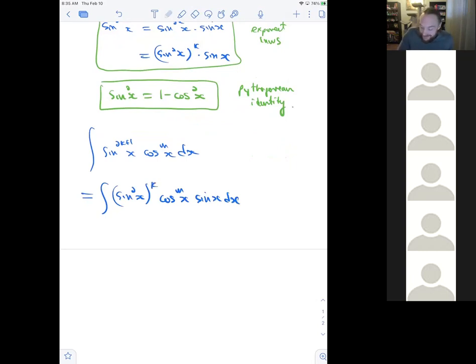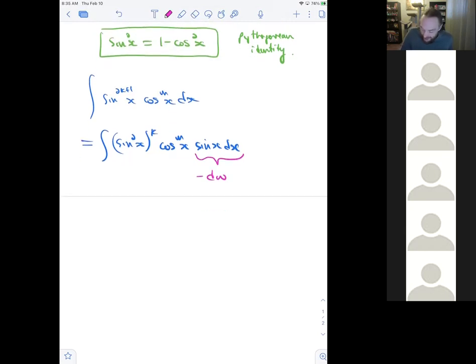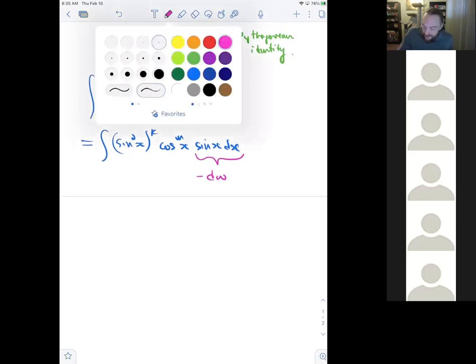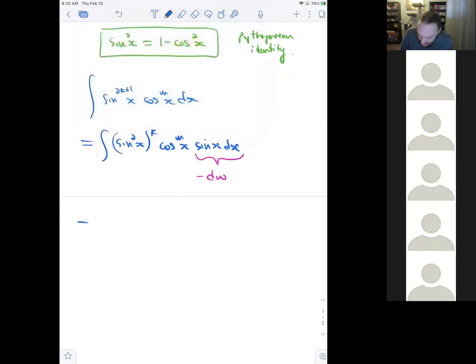So now what I see is I'm going to turn everything into cosines because I want this to be my dw or negative dw in this case. So how do I get rid of all the sines though? I have to use the Pythagorean identity.